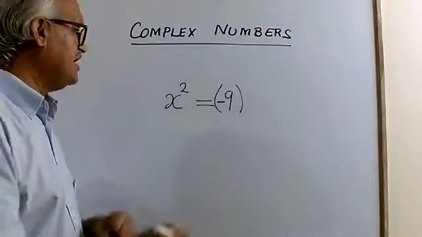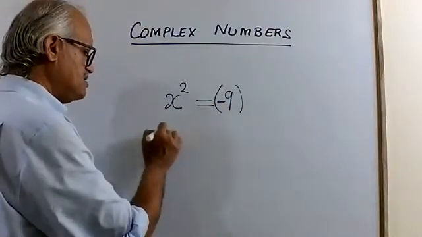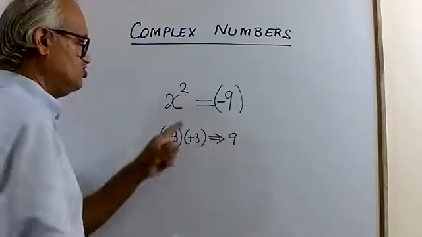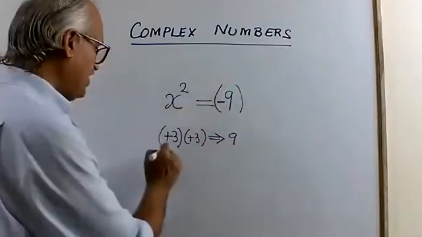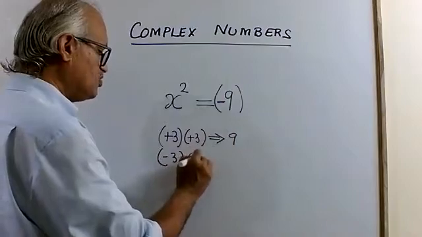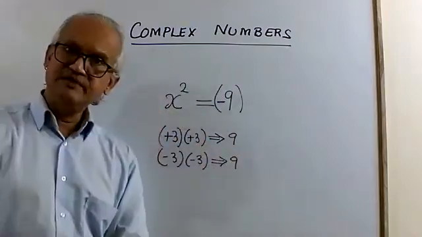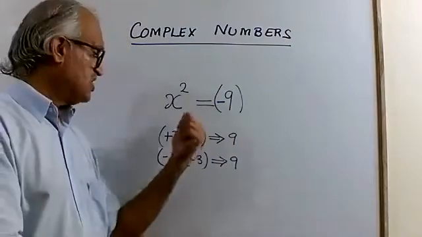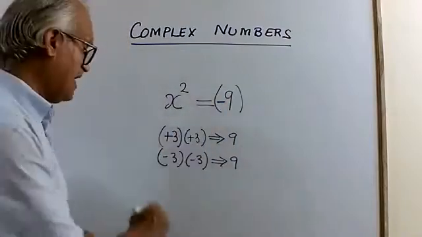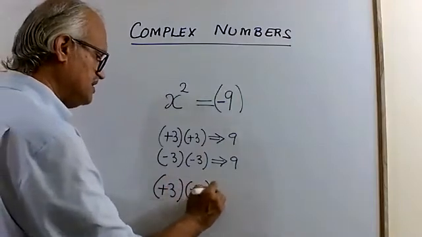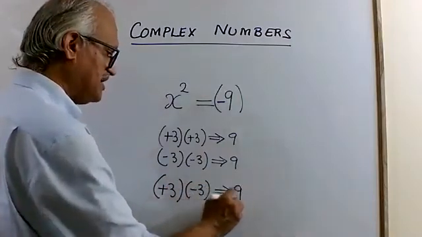So suppose if I try plus 3 into plus 3, I get 9, not minus 9. If I take minus 3 into minus 3, again I get 9 and not minus 9. With 3s, if I have to get minus 9, I would have to take plus 3 into minus 3, and that will definitely give me minus 9.